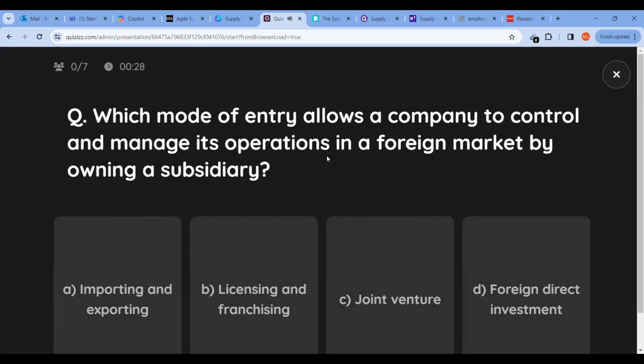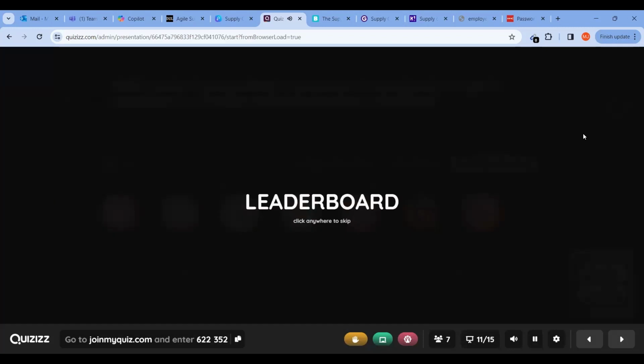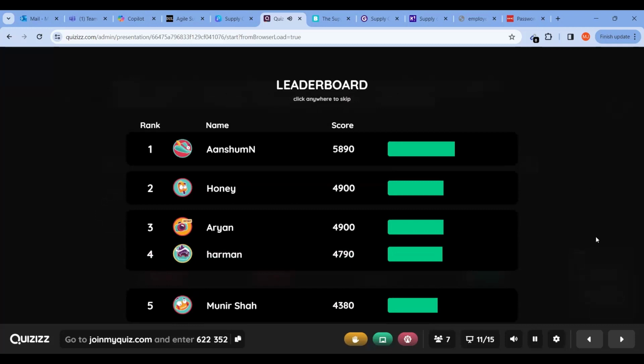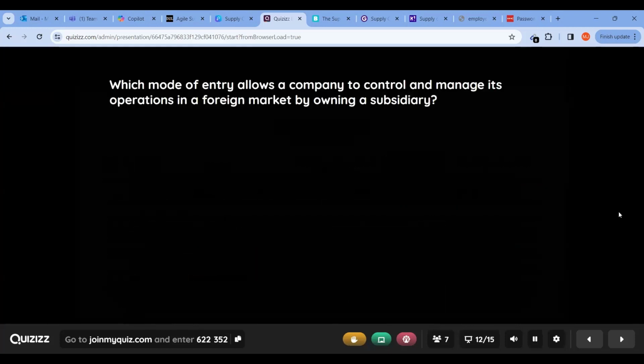So which mode of entry allows the company to control and manage its operations in a foreign market by owning a subsidiary? Foreign direct investment, yes.